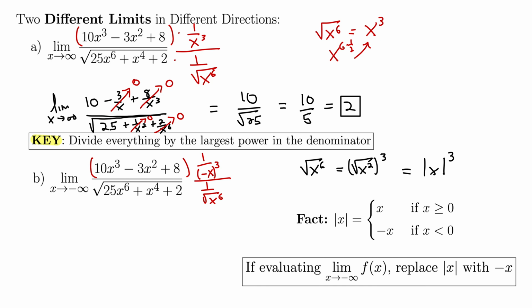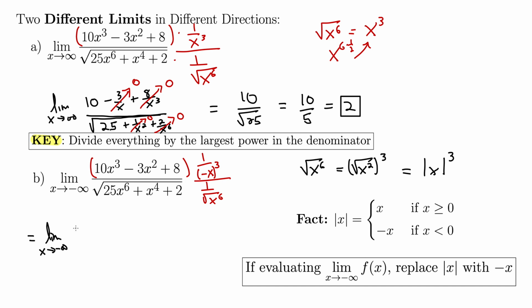In the denominator, however, I'm just going to leave this as square root of x to the 6th and combine it under this radical here in our main term in the denominator. Okay, so let's evaluate this. This becomes the limit as x goes to negative infinity. We distribute this 1 over negative x cubed.